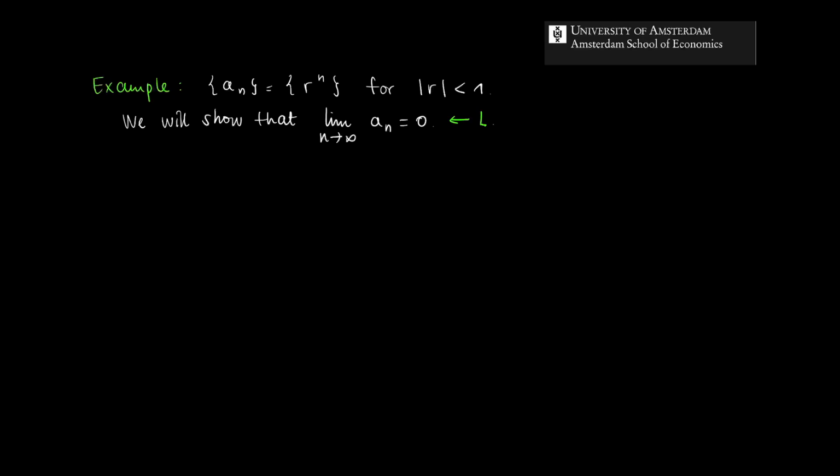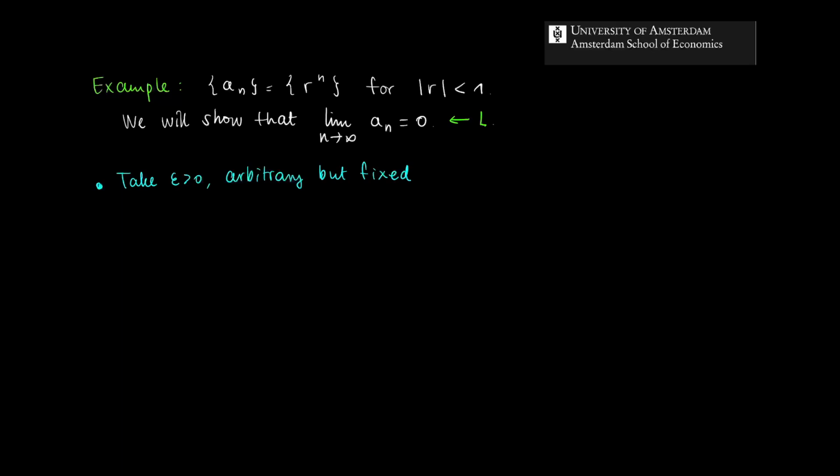So in our definition that we've seen, we'll take L equal to 0. Again, we take the same step. The first step is assuming an epsilon larger than 0, which accounts for the error. So we want a number epsilon larger than 0, which is the error term.